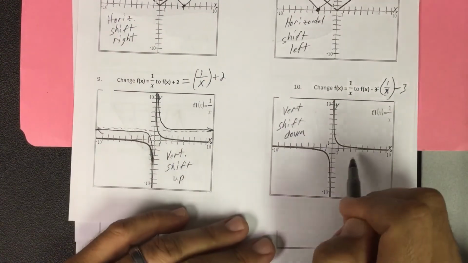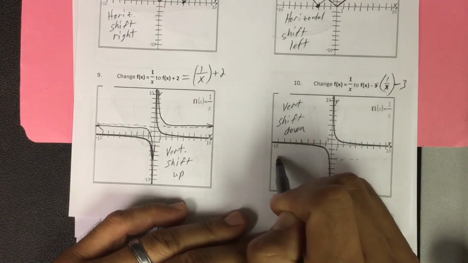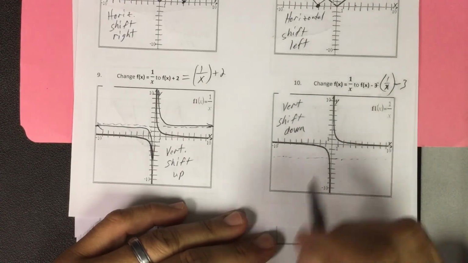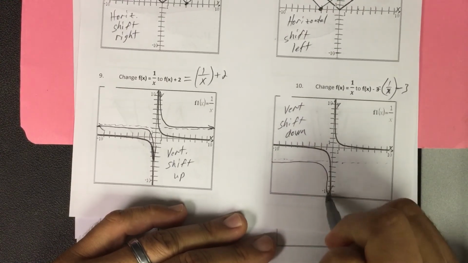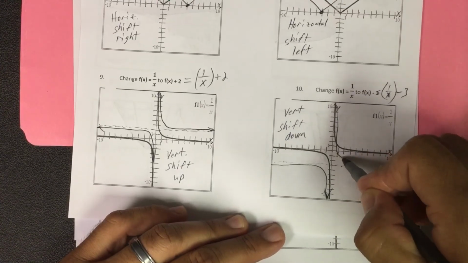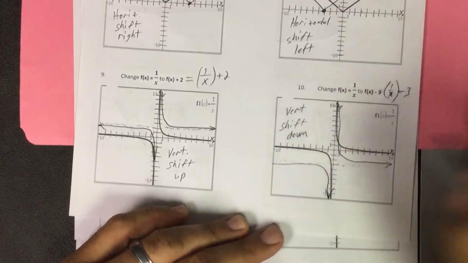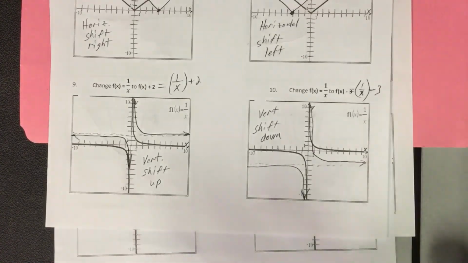If it shifted down 3, I'd go to this point and draw my asymptote right there. Now I got it starting here and going down. And then this one comes down. And again, you could use your calculator to get all those points, right?